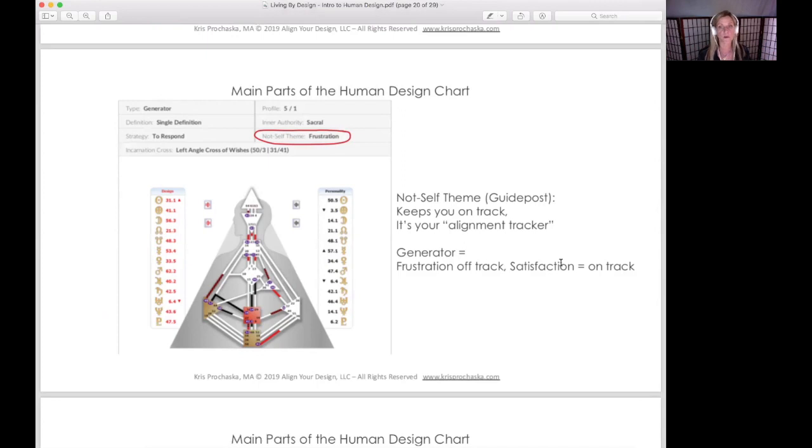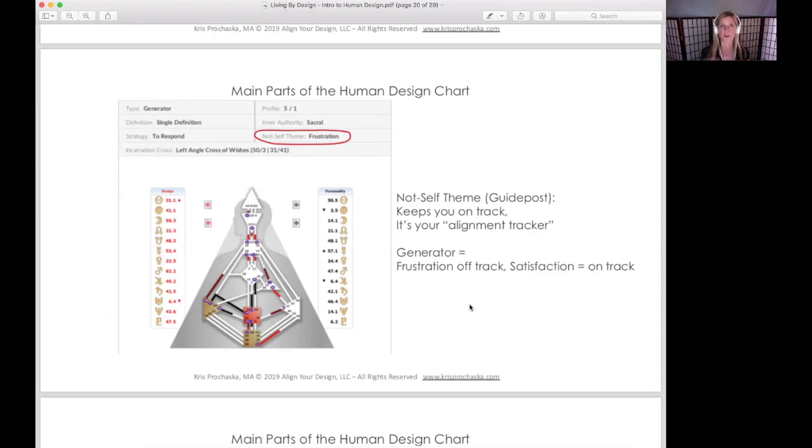And so what lets us know that we're on track is satisfaction as generator types or builder types. Now, I'm just going to pause here for a second and let you know that on my website, and I'll have another link in the show notes, is what I call the success mantras. In that PDF that you can download off my website, it shows you the different authority types, has a link to get your chart, and it covers your type, your decision-making strategy and the guideposts, and your authority, right?